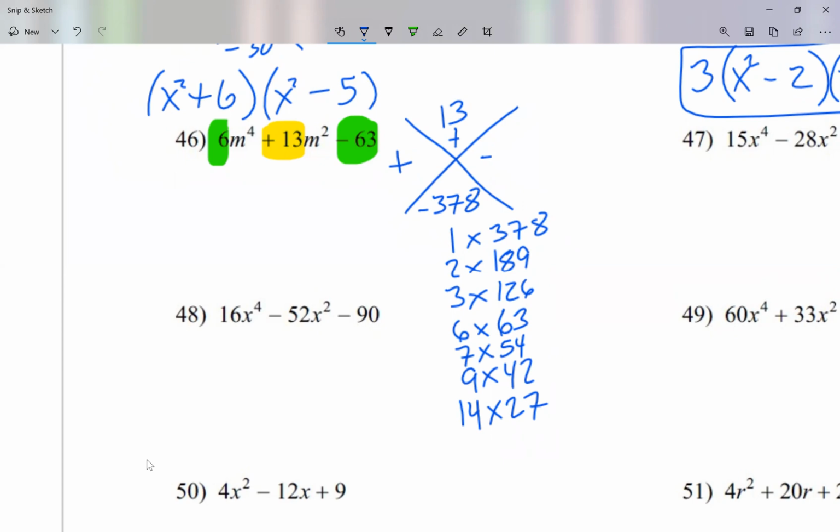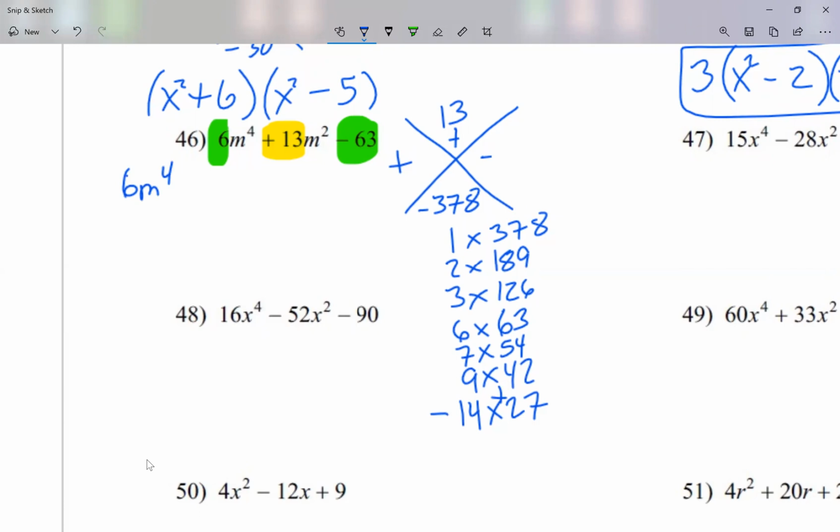So now this is what we're going to do, okay? Because the first number is not a 1, I don't go straight to parentheses. Instead, I'm going to split the middle term, right? So I'm going to go 6m to the 4th. Now in here, basically it's going to be negative 14, positive 27, right?